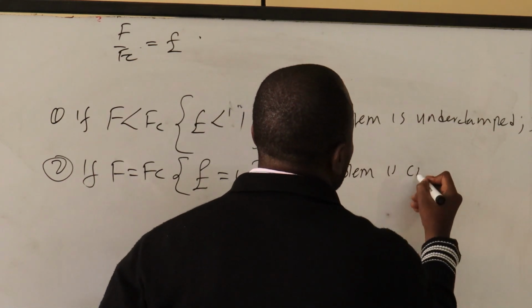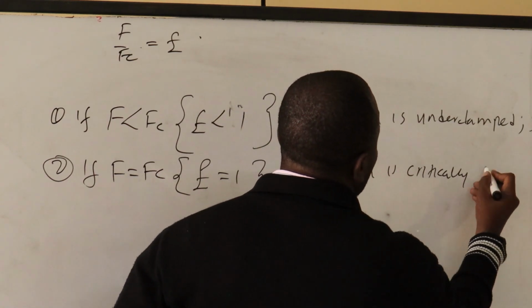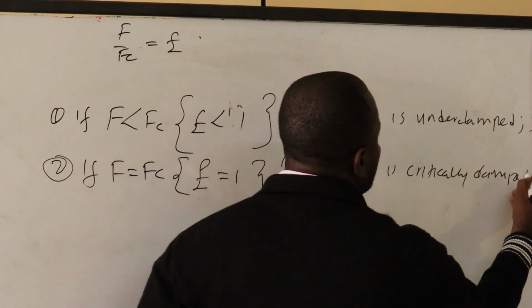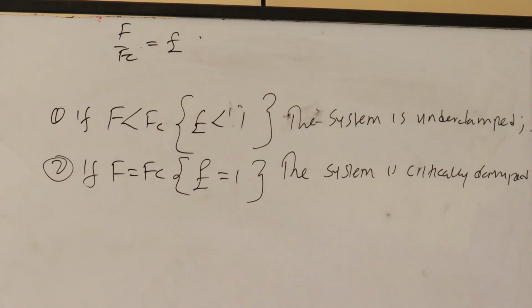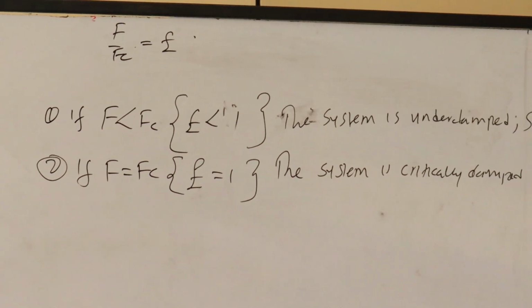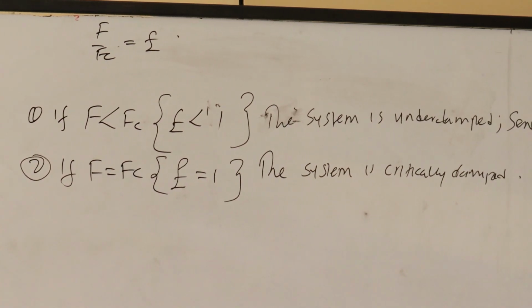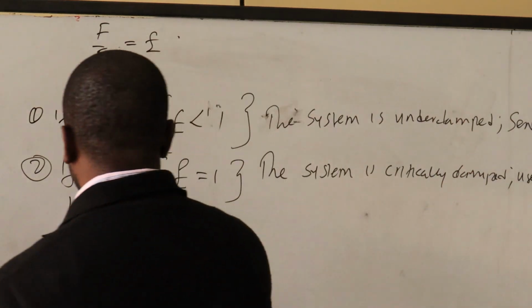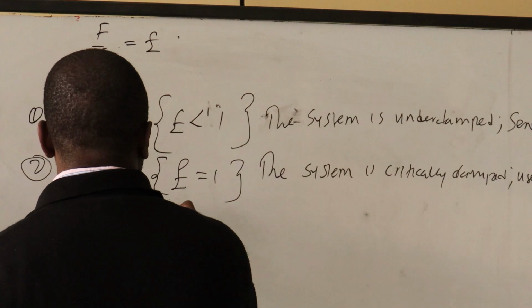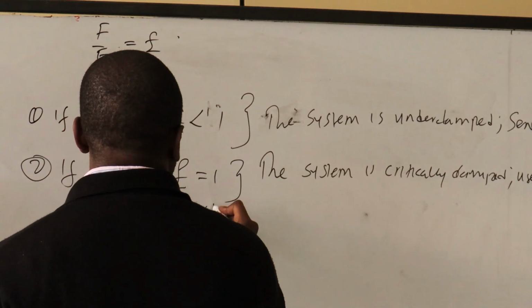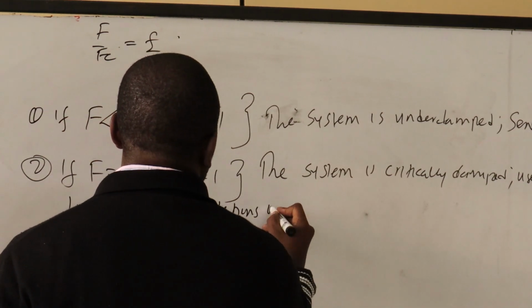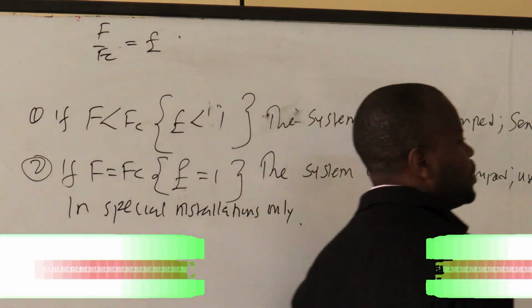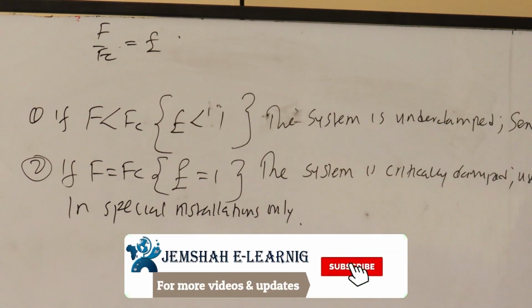A critically damped system has a value of zeta equal to 1, and this is always used in special installations only.